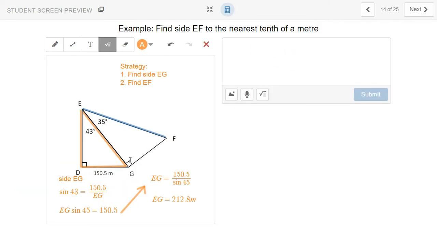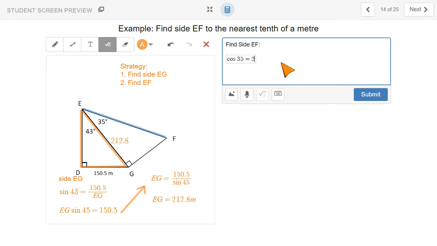Now for our last side, now that we've found side EG, we can find side EF now. We're going to use the side that we calculated here, 212.8, along with our 35 degrees to get this hypotenuse. We're going to use cosine this time because relative to the 35, this is our adjacent.